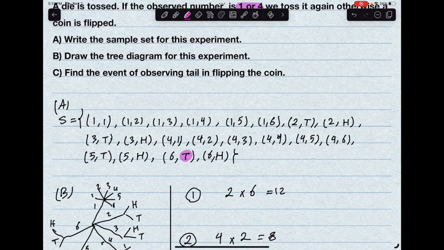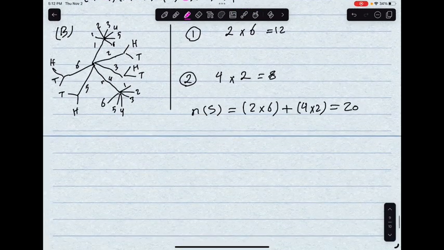So it happens here, here, and here. So for any of those numbers 2, 3, 5 and 6, we're gonna have a tail in the flipping coin. So what's the answer?